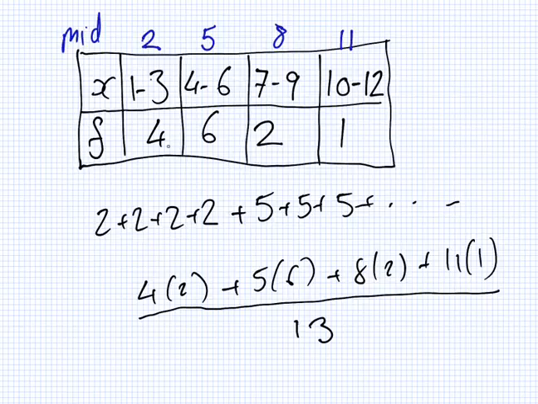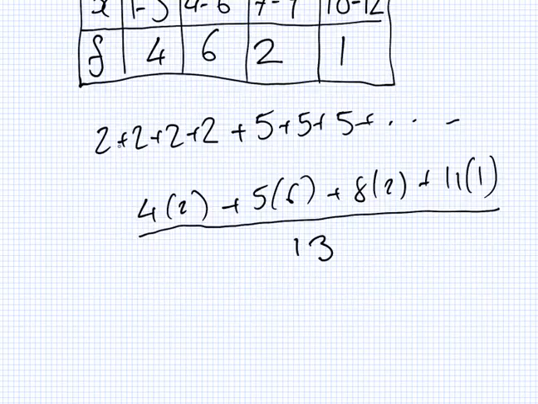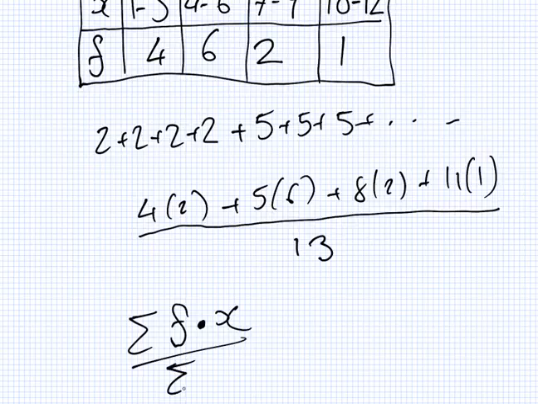Because I have 13 numbers. The F is how much I have. In other words, the formula is the frequency multiplied by the data over the total frequency. This is the average here. So can you calculate this for me, please?